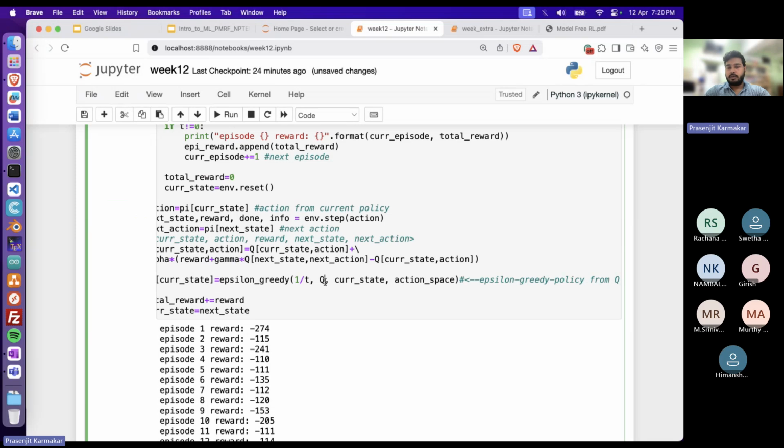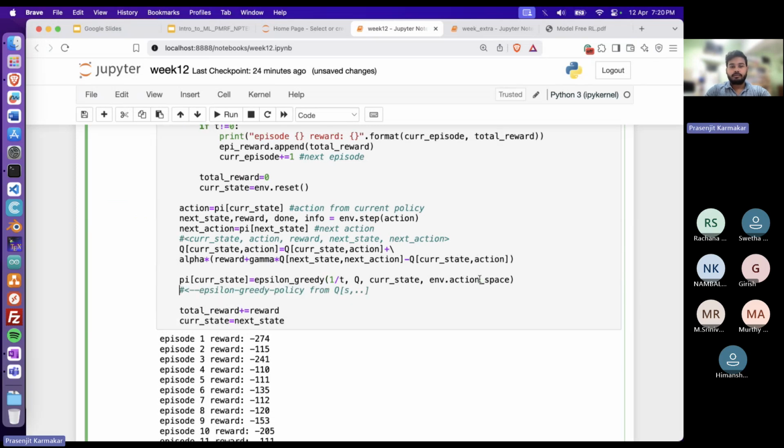And Q, current Q value, current state, and action space. Now action space I have to take it out from environment.action_space. PS is equal to, this is what we did. PS is equal to epsilon greedy policy from Q, where epsilon is 1 over t.